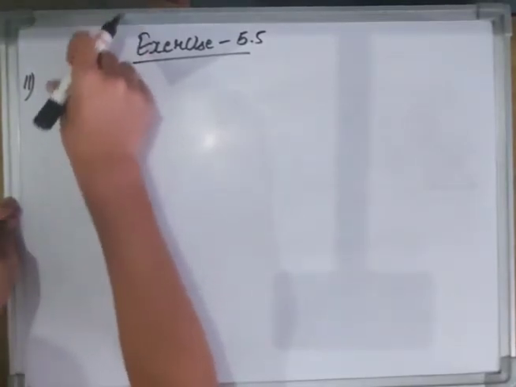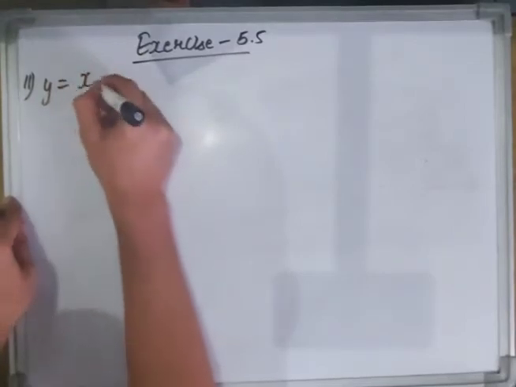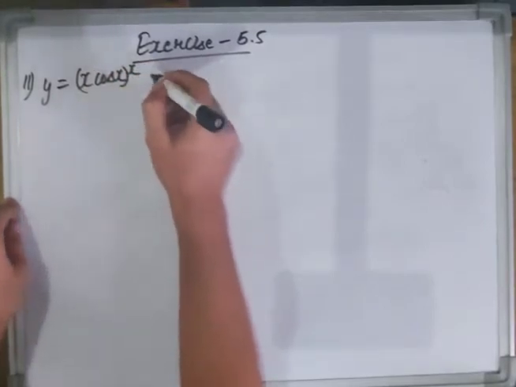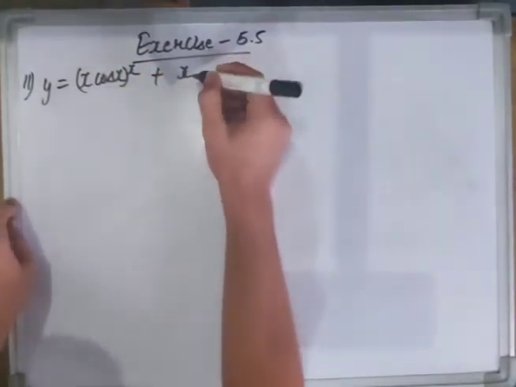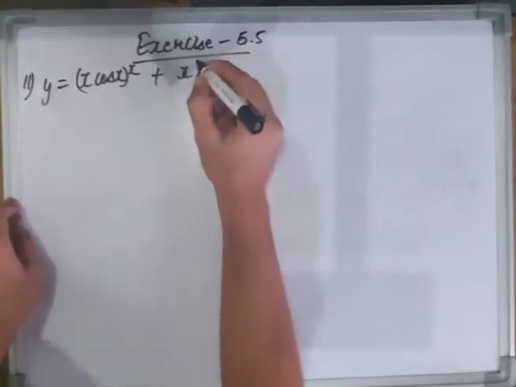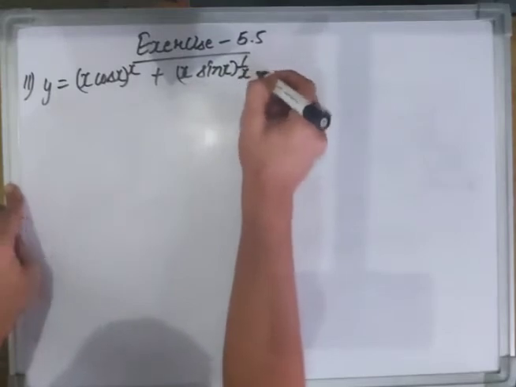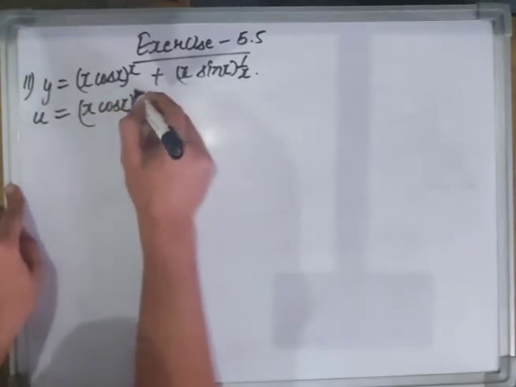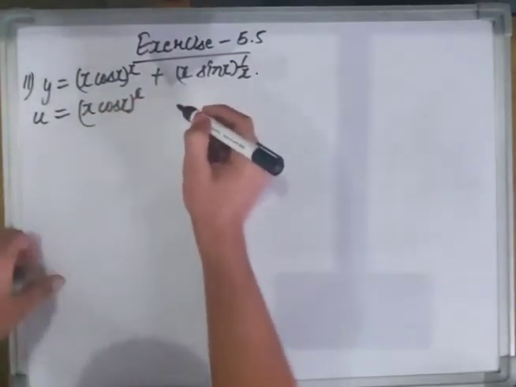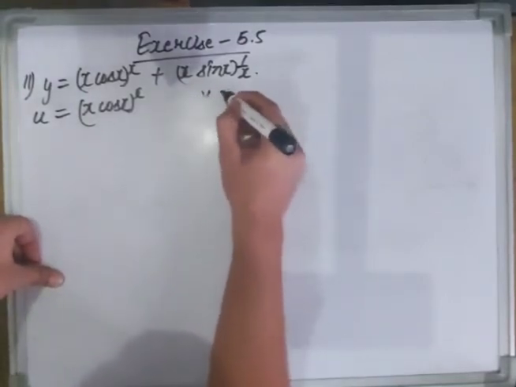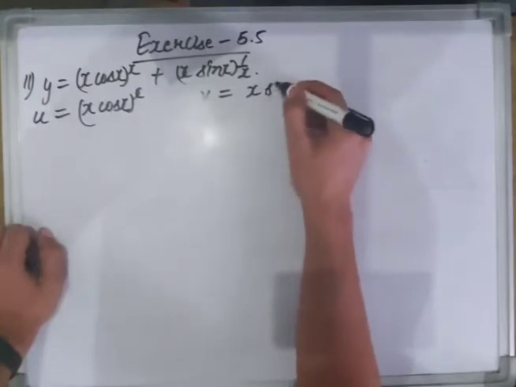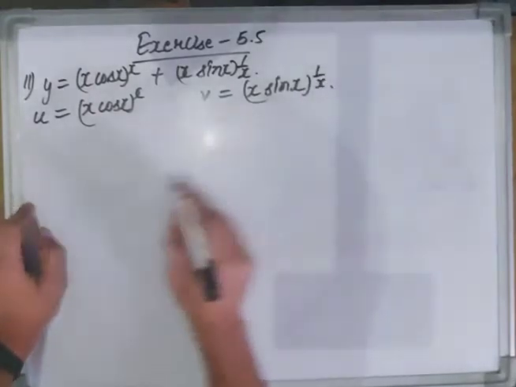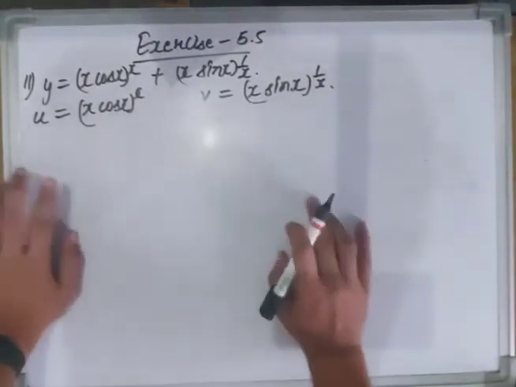I am assuming this function as y, x cos x raised to power x plus x sin x raised to power 1 by x, taking u equals to x cos x raised to power x and v equals to x sin x raised to power 1 up by x. Now we will differentiate these two functions one by one.